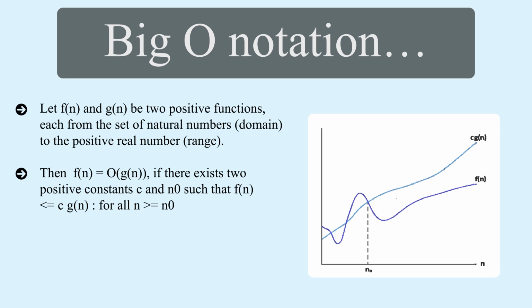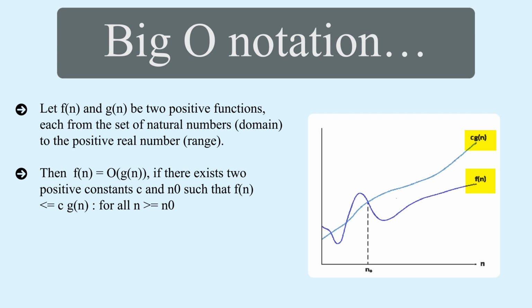Now that definition looks very complex, but look at the graph. It clearly shows that c g(n) is greater than or equal to f(n). So what we really need to know is the value of c as well as the value of n0.